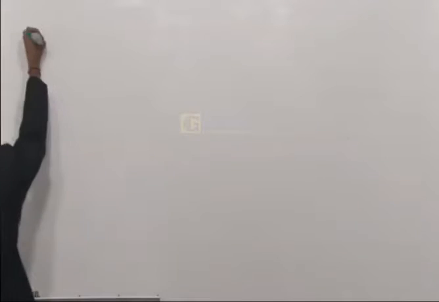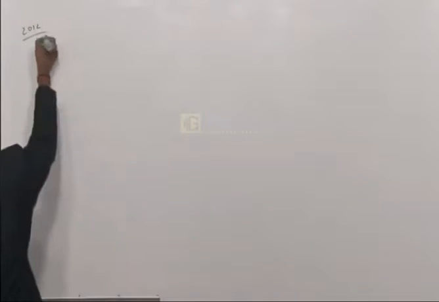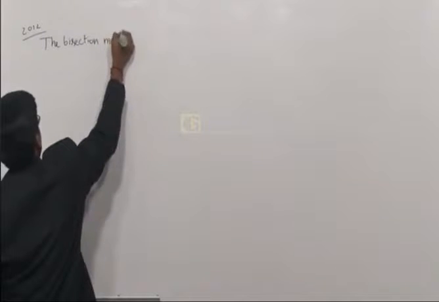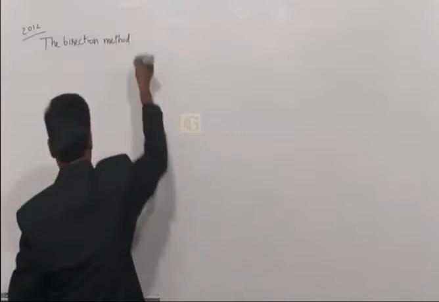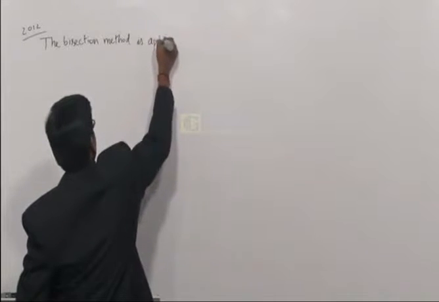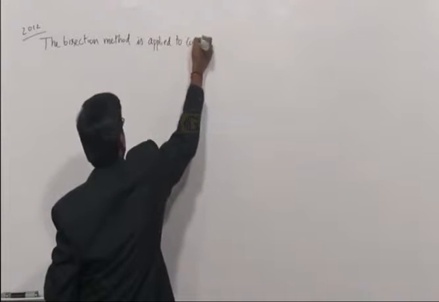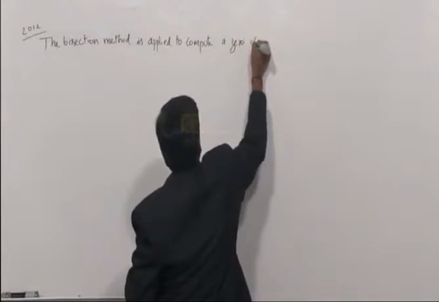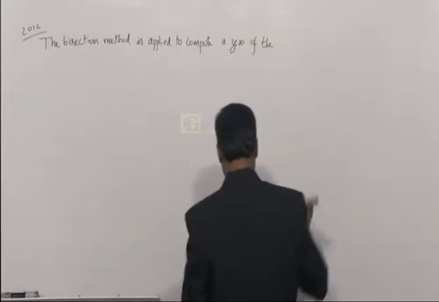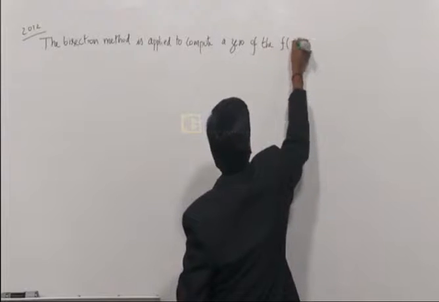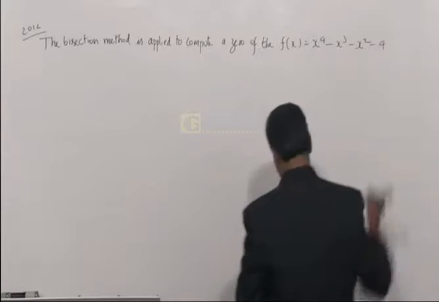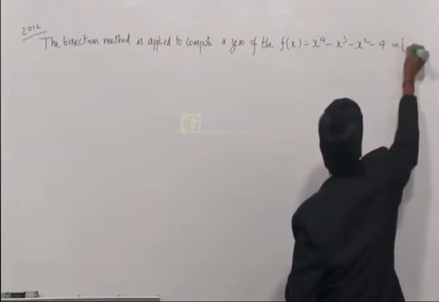this is given in 2012, 2 marks. The bisection method is applied to compute a zero of the function f(x) equal to x power 4 minus x cube minus x square minus 4 in the closed interval 1, 9.